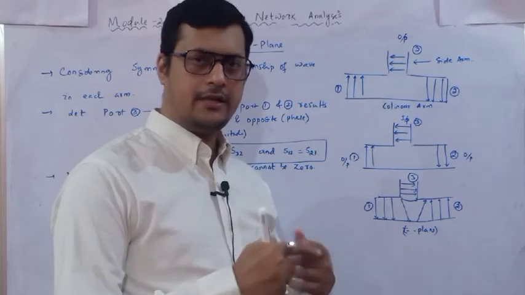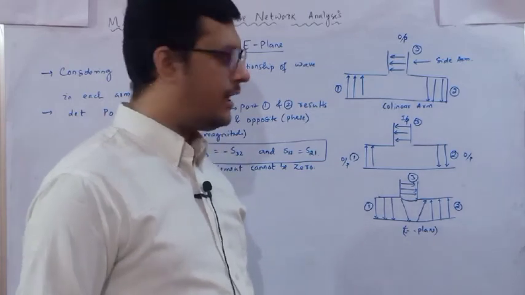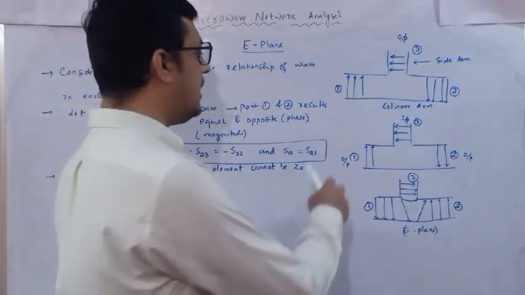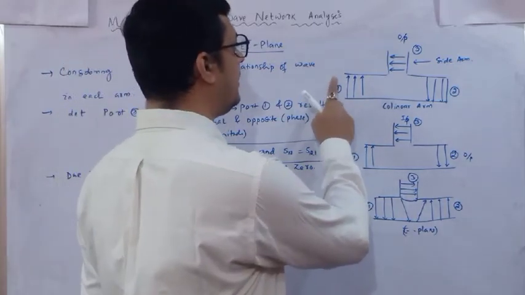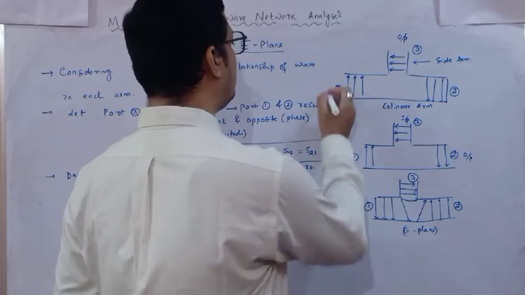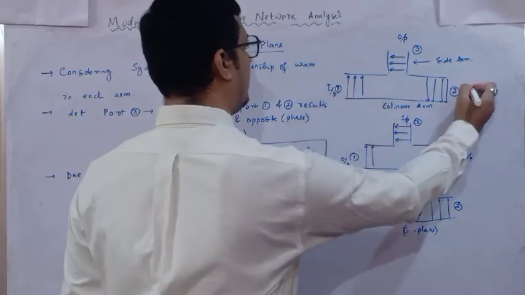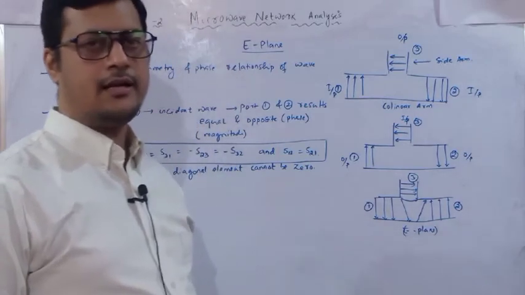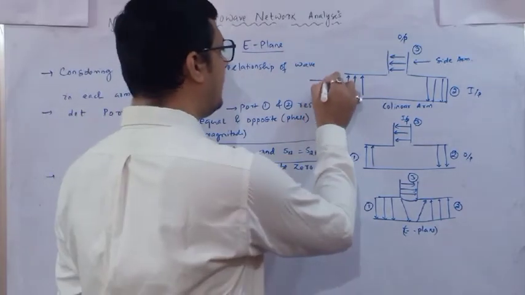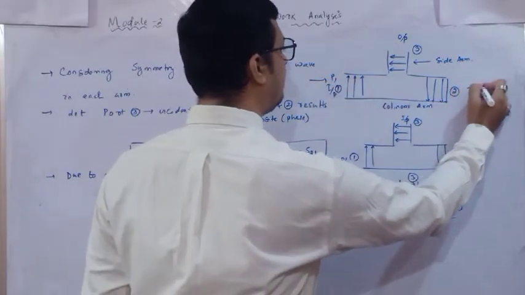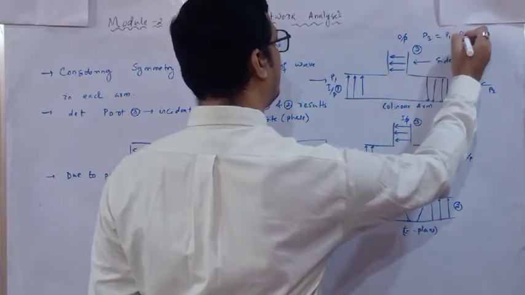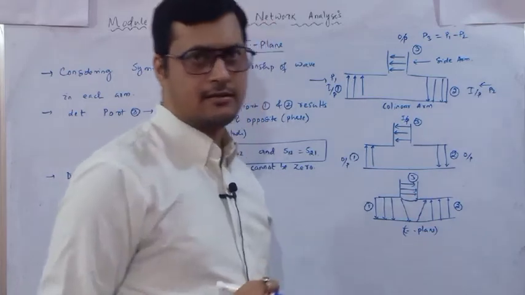If it is distributing, we can say it is called subtractive, because vice versa, if I provide the power as input at 1 and 2, this is our input and 2 is also input. So power is given at port 1 and 2, this is P1 and this is P2. My P3 will have P1 minus P2. It is a subtractor.